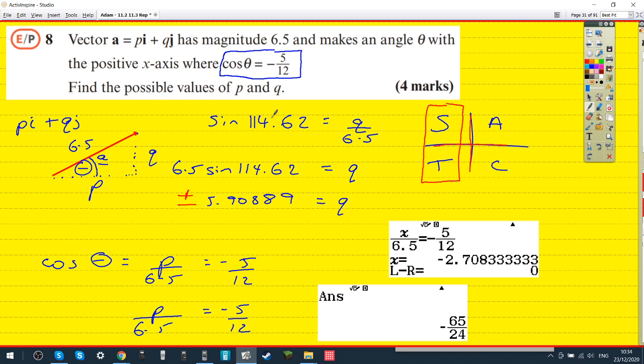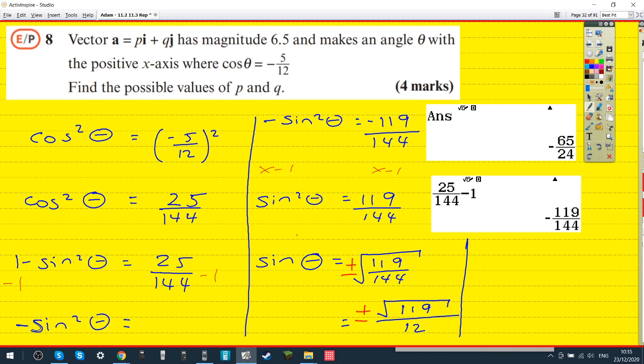Sine theta is Q over 6.5, yeah? And so Q is 6.5 times sine theta? So would you put 6.5 at the start of sine? Yeah. We would times both sides by 6.5. Okay. So for the positive, would you need to do positive and negative?